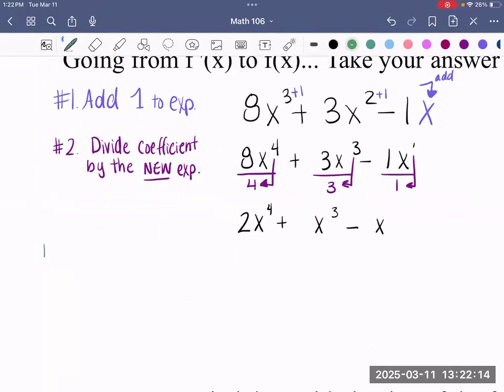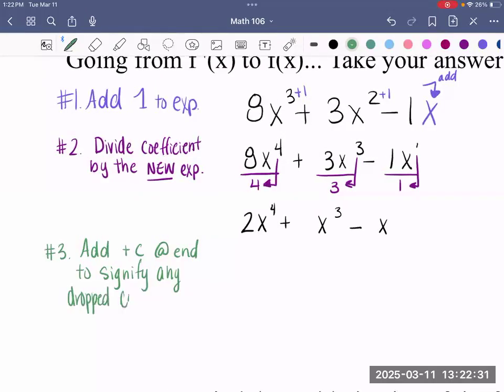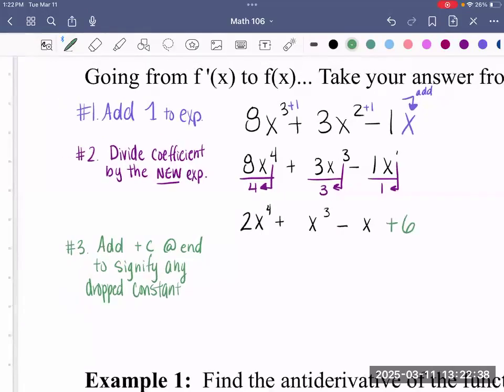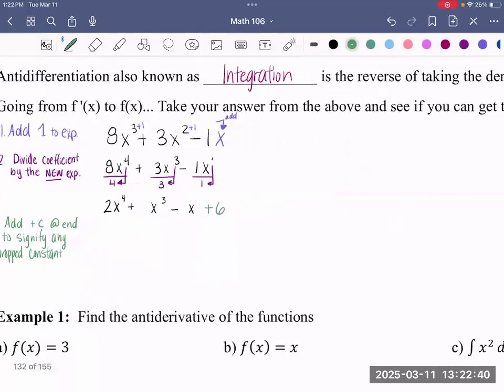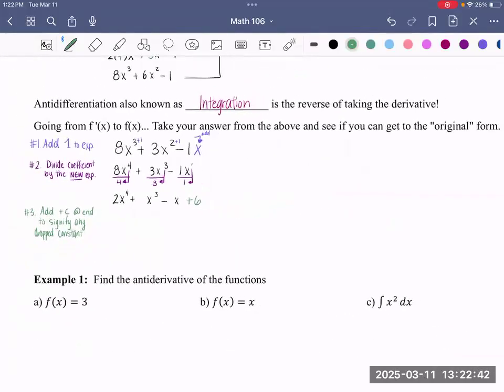But step number 3 is that we add plus C at the end to signify any dropped constant. And there you have it. So this is now your antiderivative.